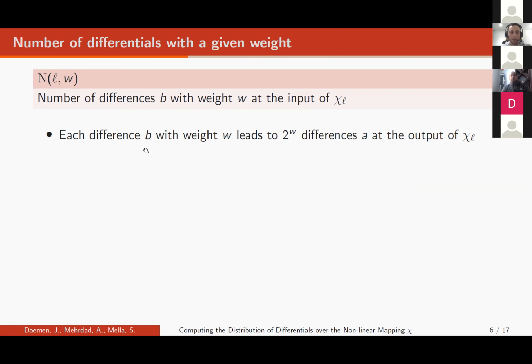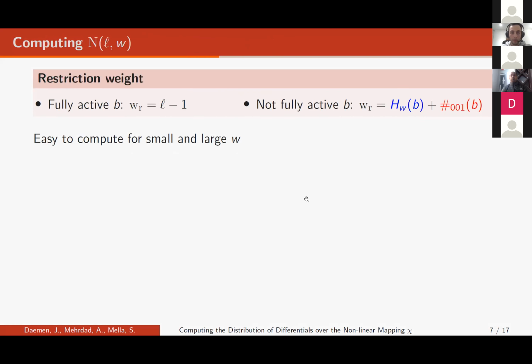Because each difference B with weight W leads to 2 to the power W differences at the output of GL by definition, if we have the number of these differences, we can multiply them by 2 to the power W, and that gives us the number of differentials over GL. But how to compute this N function?